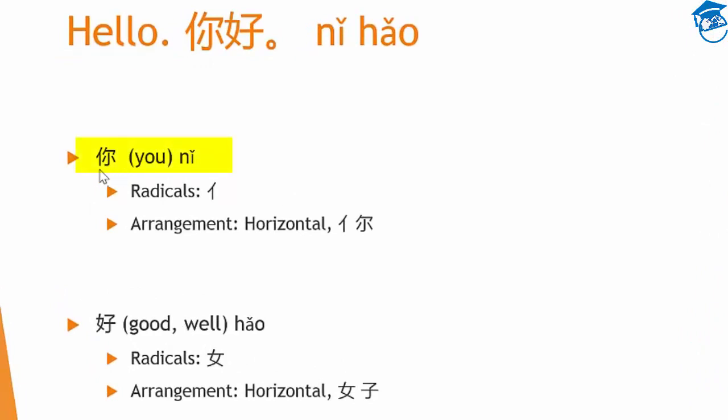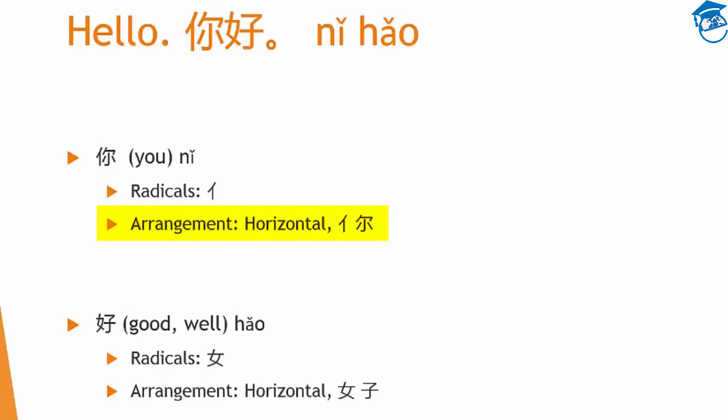This is how it's written, and of course ni means you, and so this is the pinyin here. Radicals, this one, and for your information, this radical is usually used on humans, so you will see more of this radical in the future. And the arrangement is horizontal, so it has two parts, one here and the other, and when it's combined, it becomes this word ni.